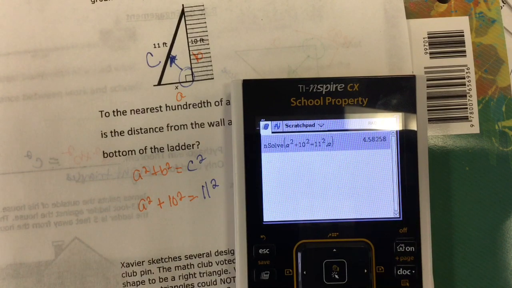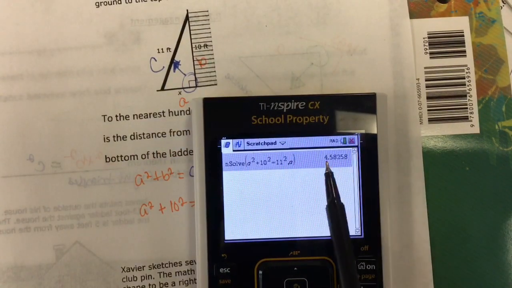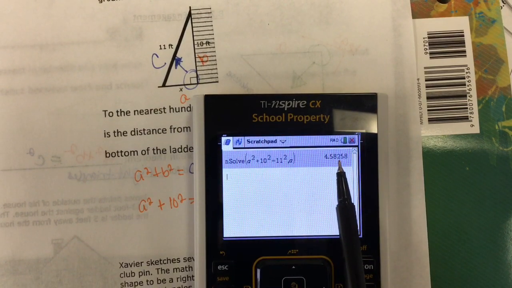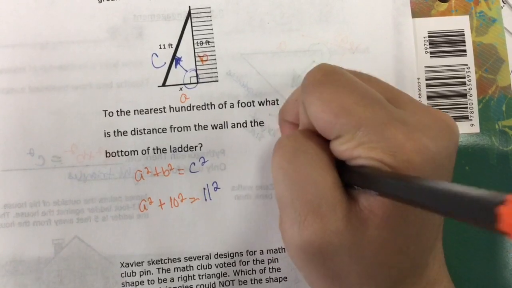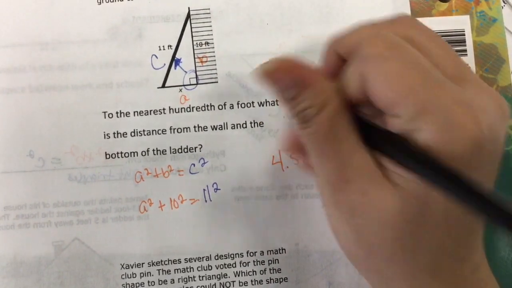And we get 4.5828. So again, we want to round to the nearest hundredth. So we're going to stop after 2 decimal places. We're going to look at the number after those two, the 2 right here. Does it cause the 8 to stay where it's at or round up? So it's going to cause it to stay the same. So our answer is 4.58. And then our unit was feet, so feet.